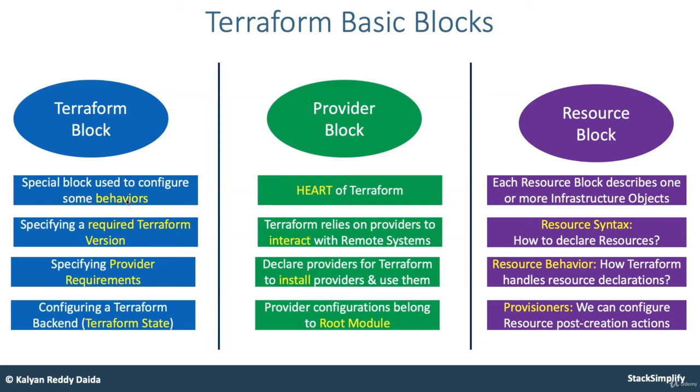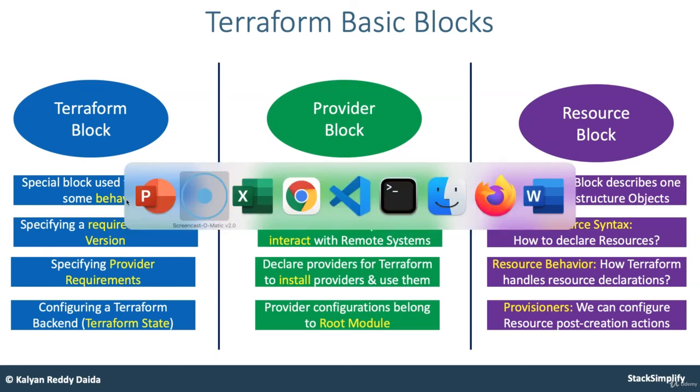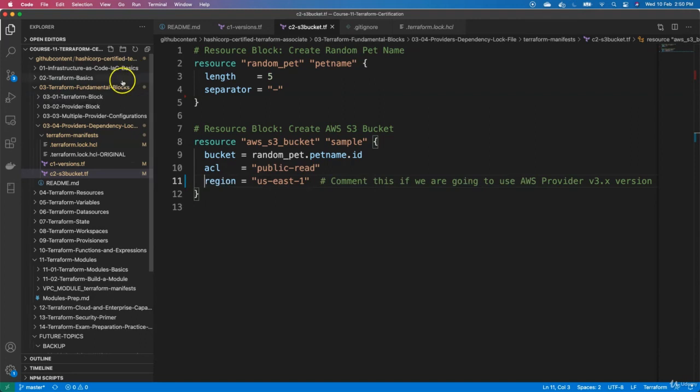So this is the very high-level view of the important blocks we need to know about in Terraform: the Terraform block, the provider block, and the resource block. For the Terraform block and the provider block, we have dedicated sections planned.